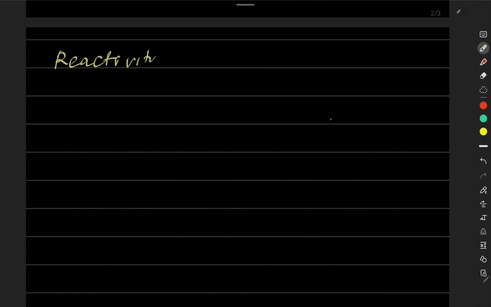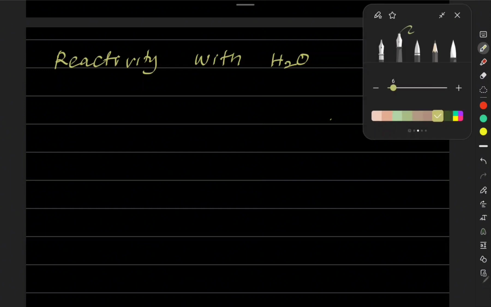Now let's talk about reactivity of group 1 elements and group 2 elements with water, H2O. I'll write it down: the period, groups, elements.